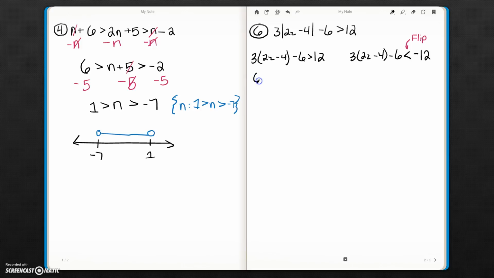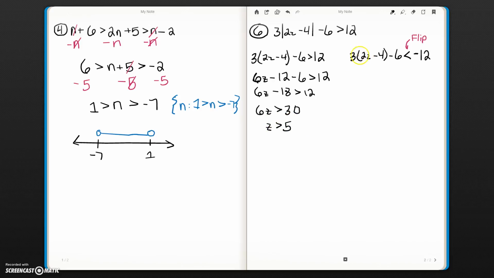So we've got 6z minus 12 minus 6 greater than 12. And combine like terms, so 6z minus 18 is greater than 12. So add 18 to both sides, so we get 6z is greater than 30, and z is greater than 5.